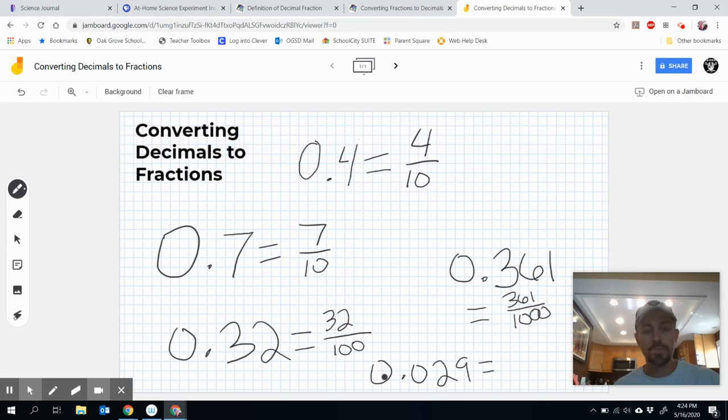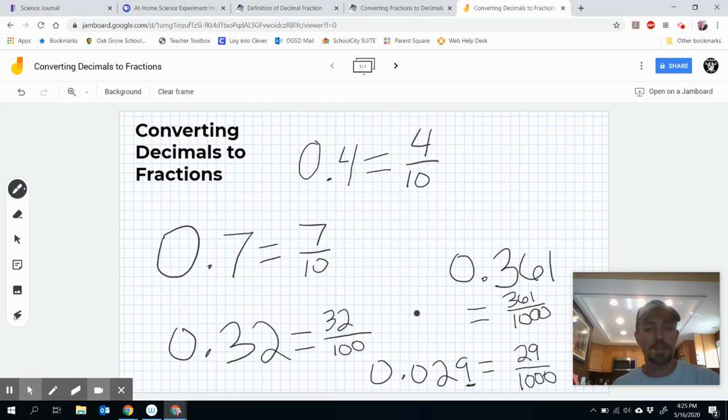Last example: the 0 in the ones column, 0 in the 10th column, 2 in the 100th column, 9 in the 1,000th column. You're going to look right here at this 9 in the 1,000th column, and that's going to govern your number. You're going to put 29, and that 9 in the 1,000th column governs your denominator. So you get 29 over 1,000 for that example.